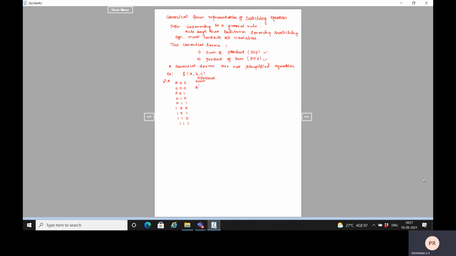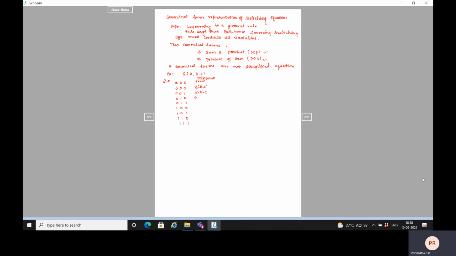So A, B, C, all three variables are 0, 0, 0, and all these variables have to be ANDed. So a product term or a min term in the min terms representation is A bar, B bar, C bar. The next combination of input variable values 0, 0, 1 will be represented as A bar, B bar, C, all these variables ANDed.